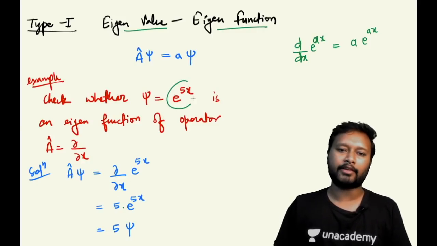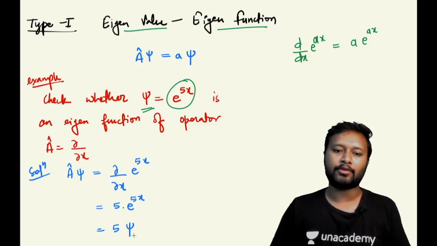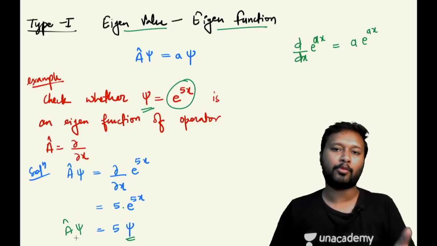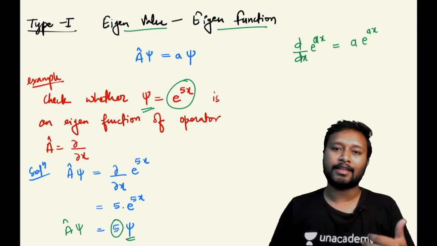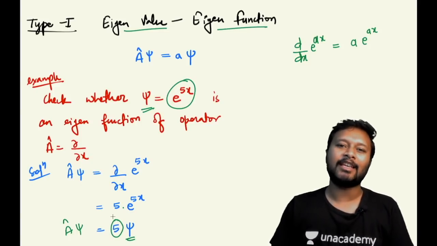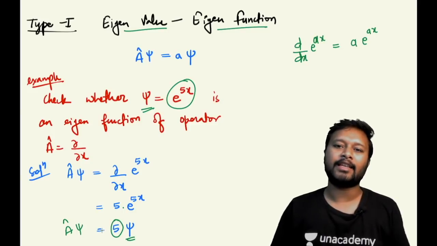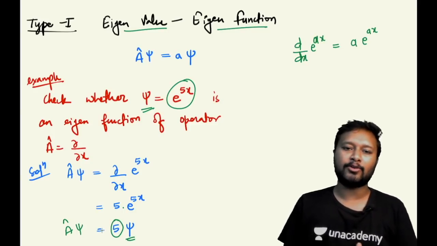Now e to the power 5x was equal to your psi, so I can write psi over here. So what I got is A psi: I just operated A on the psi and I got my psi back along with a constant, and that constant is 5. So my eigenvalue is 5 and psi is my eigenfunction. This is how you have to do it.